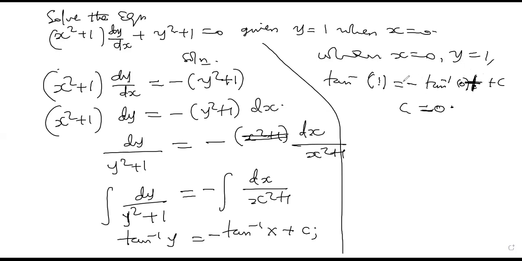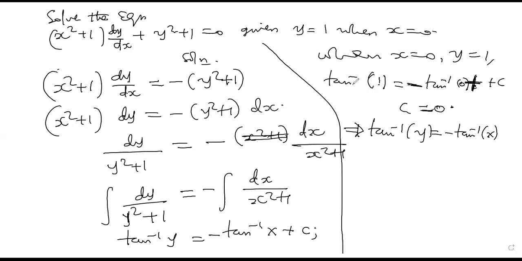And when c is 0, our function is going to be tan inverse of y is equal to negative tan inverse of x. Just like that. Yes, so it implies that, no. Our c will be not 0, but tan inverse of 1, because this is negative.